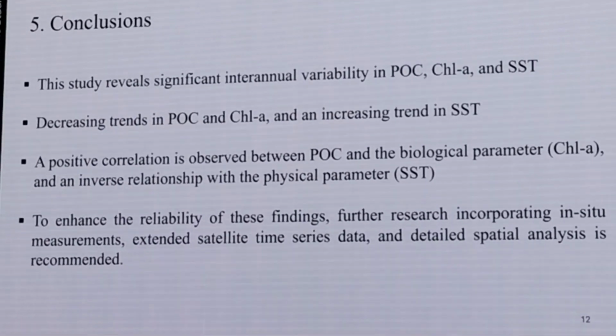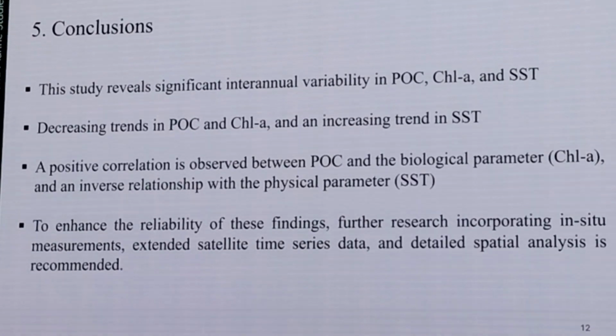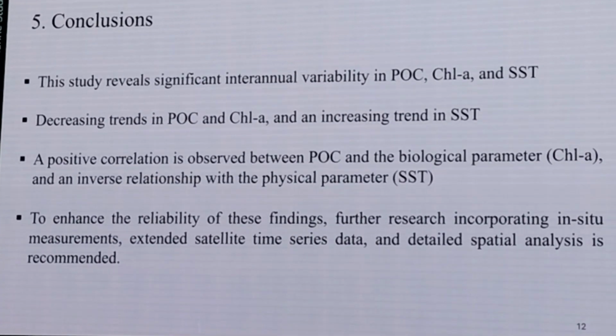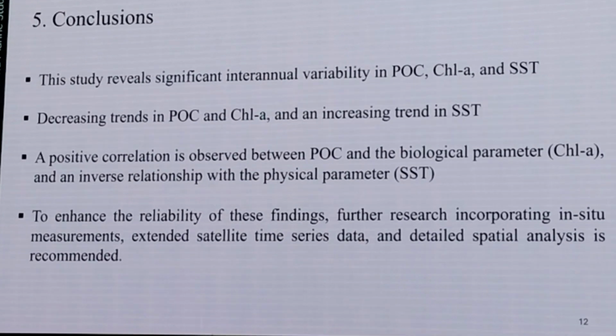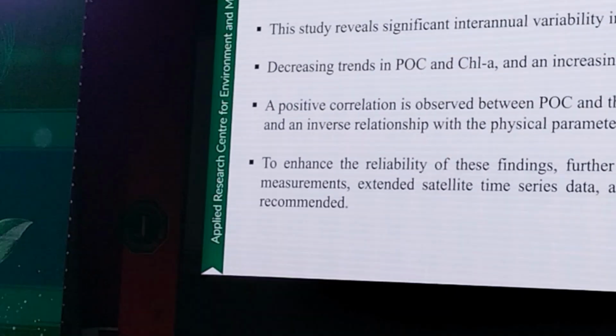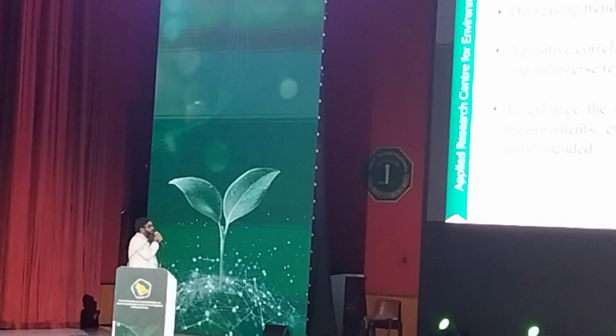So in concluding remarks, we can say there is really significant internal variability in particulate organic carbon, chlorophyll, and sea surface temperature. And in the important sea area, that is the seawater Arabian Gulf, as I saw from yesterday, lots of study is happening in the Arabian Gulf. So now it's worth indicating the importance of the Arabian Gulf.